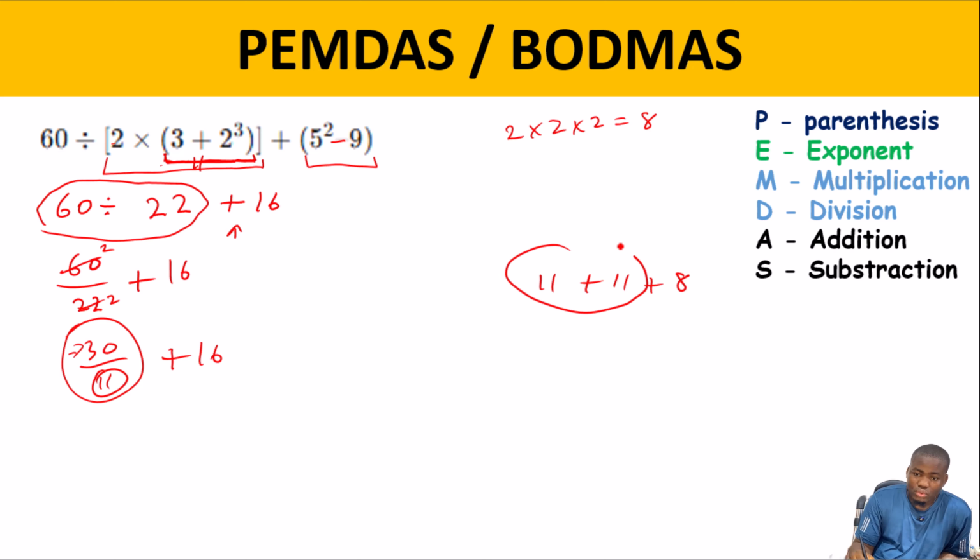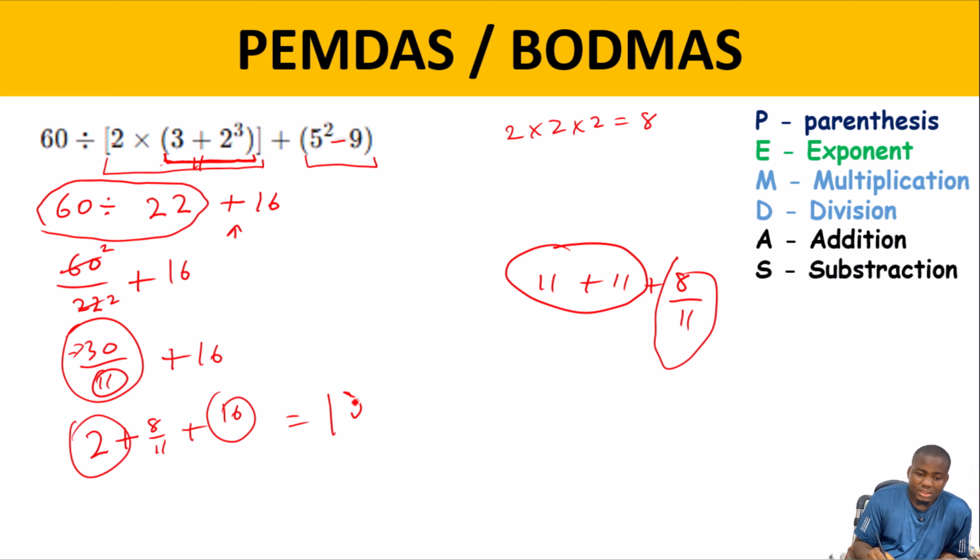So we have 2 whole, and we have 8 over 11. So this is going to be 2 plus 8 over 11 plus 16. 2 plus 16 is 18. Then we have 18 whole, 8 over 11.